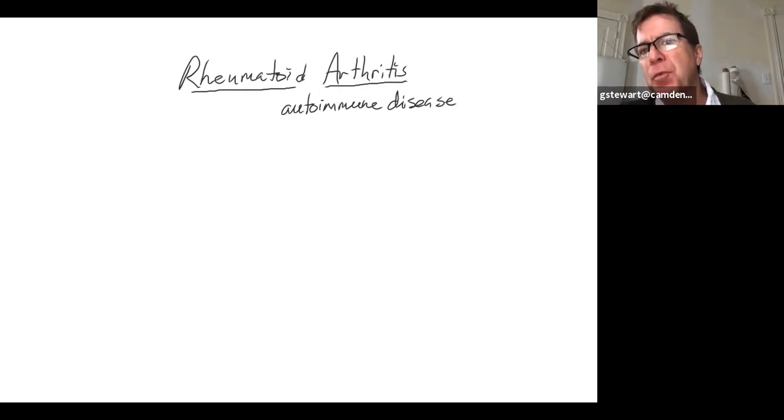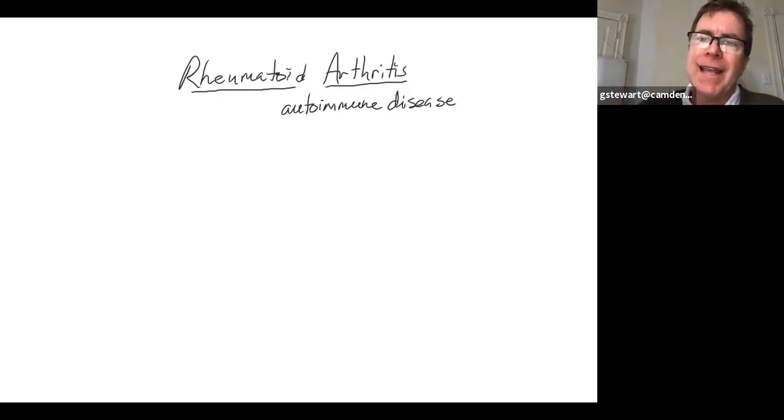Some of the surface protein markers on the virus or bacteria are identical to our own cells' markers. And so our immune cells are tricked into thinking that our own good cells are foreign, are a bacteria or virus, and they attack it. So that's current theory.